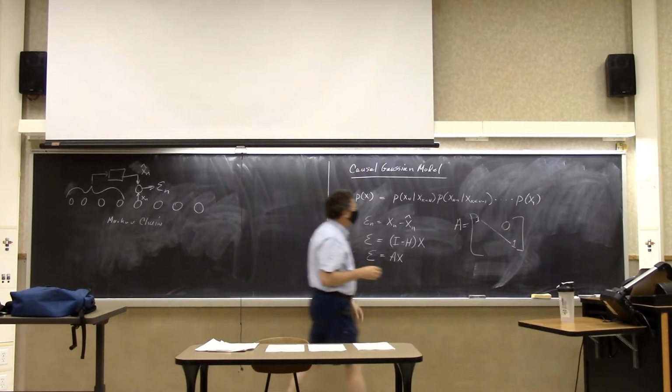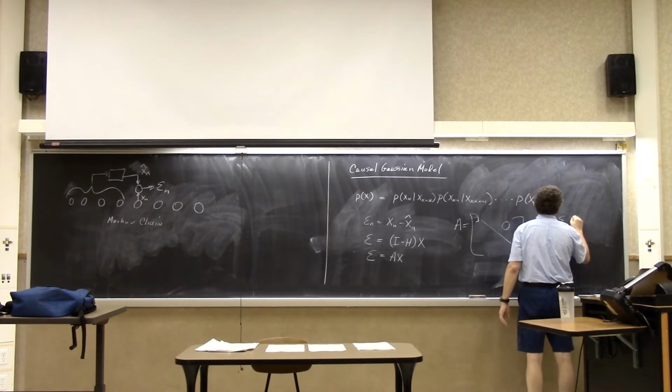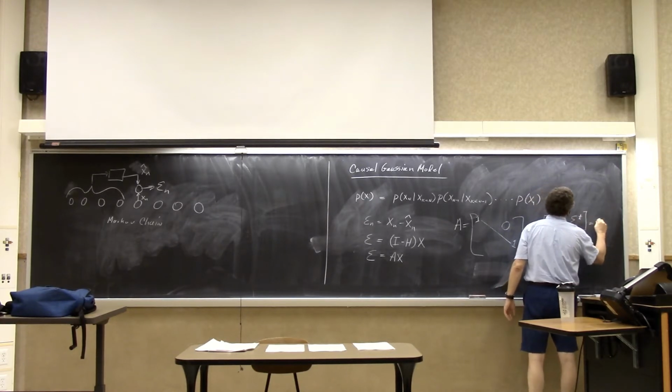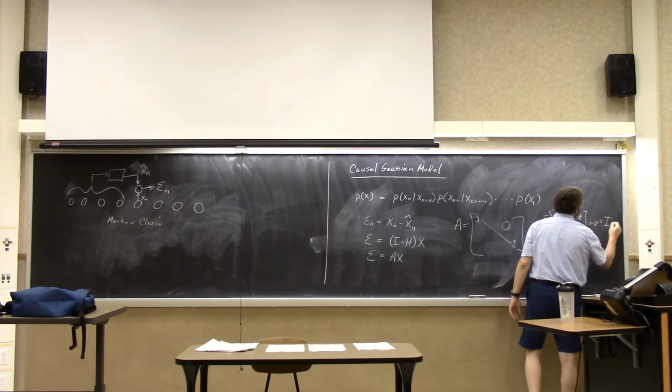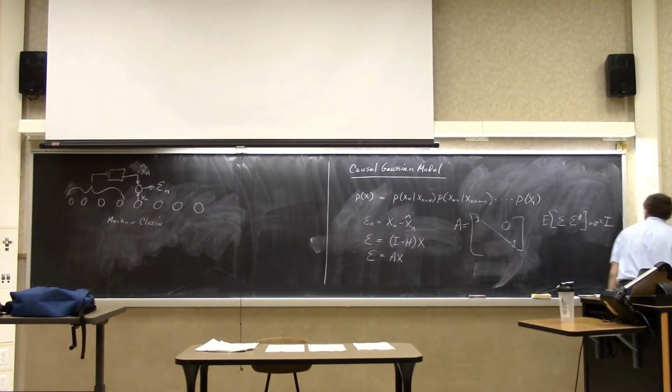So it turns out that the expected value of epsilon times epsilon transpose is equal to sigma squared I, assuming that the random process is stationary. Okay, I'm lying a little bit because I'm modifying the definition of stationary, because stationary has to go to infinity.